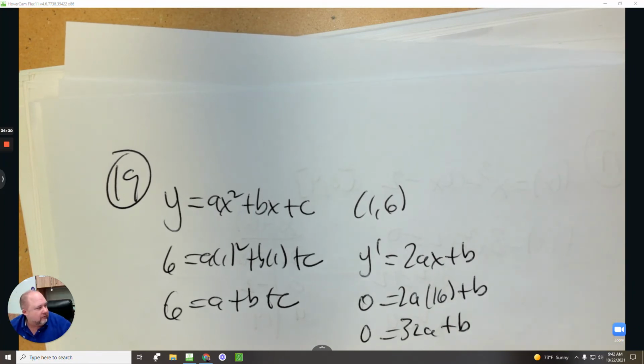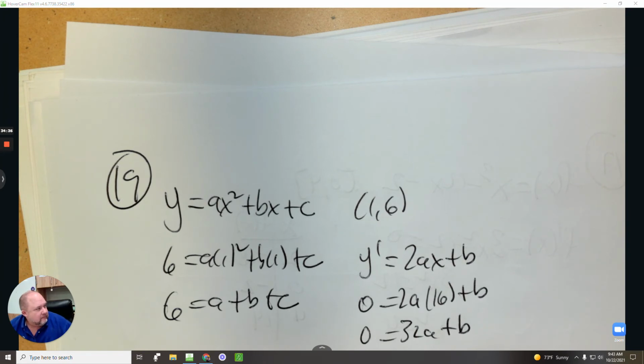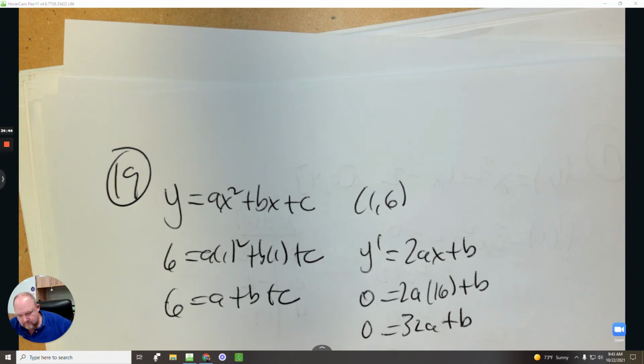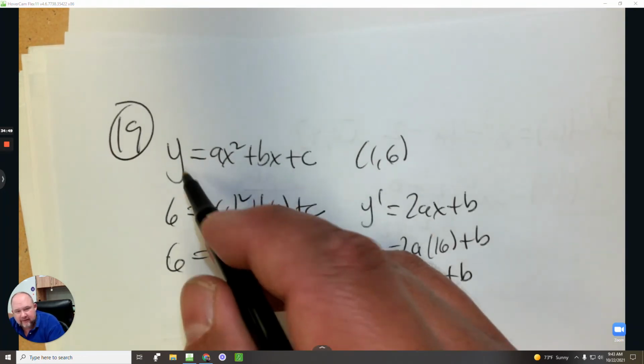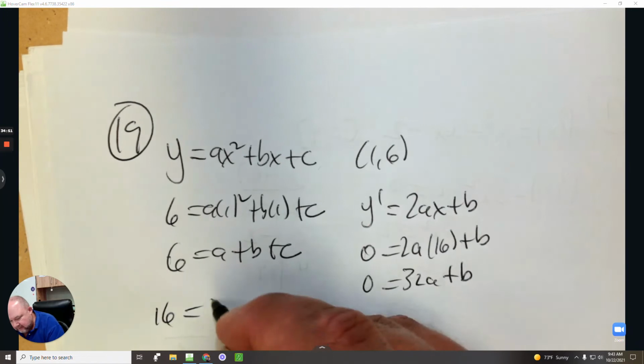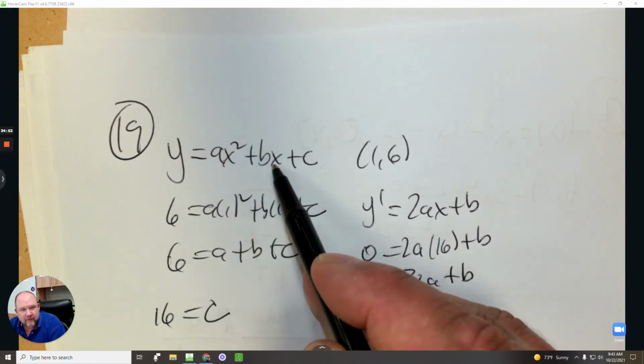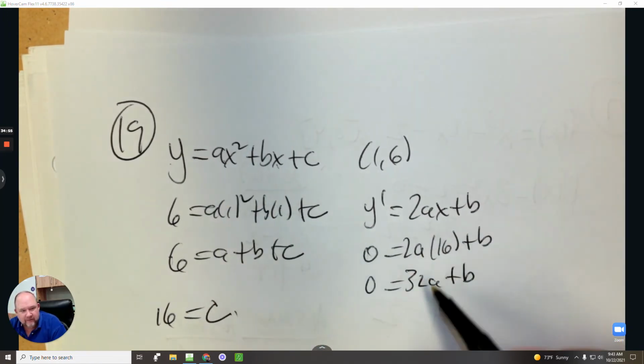So I have 32a. Oh, I should just plug in 0, 16 too. So if I plug in 16 and 0, plug in 0 for x, and it's equal to 16, c is equal to 16.